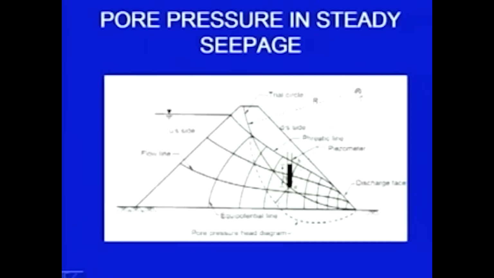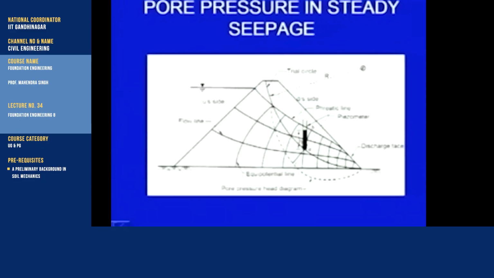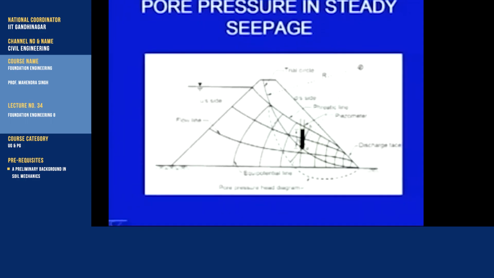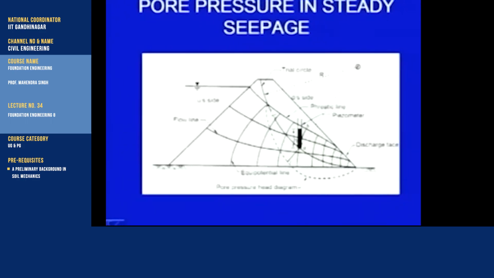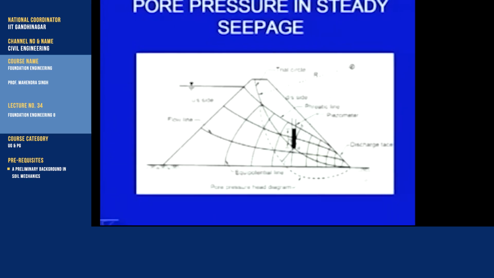This is the center of the trial circle, this is the radius, and here it is the trial circle, the trial failure surface, a circular surface, and we want to calculate the pore pressure at different points, or the distribution of the pore pressure along this failure surface.